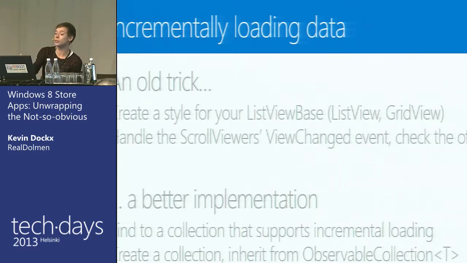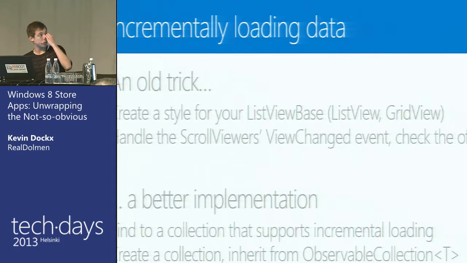And if you use that one, you can simply check the offset. If you're almost at the end, you can automatically or manually start firing the loading of the other items. That's something that, if you've ever had to implement something like this in WPF or Silverlight, you will probably have run into this one. However, there's a better way now.